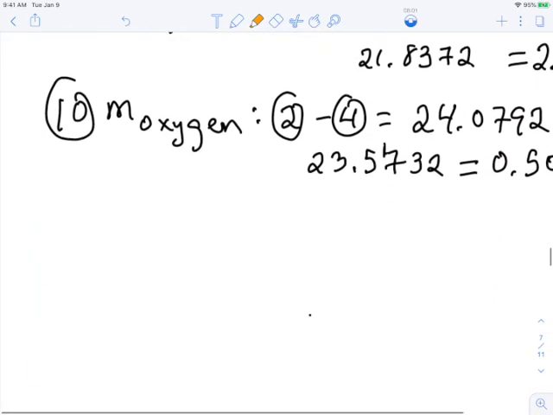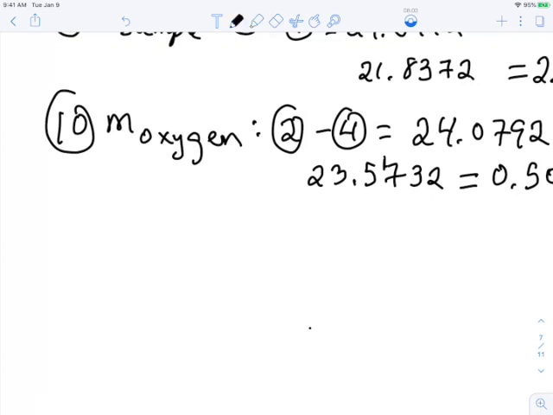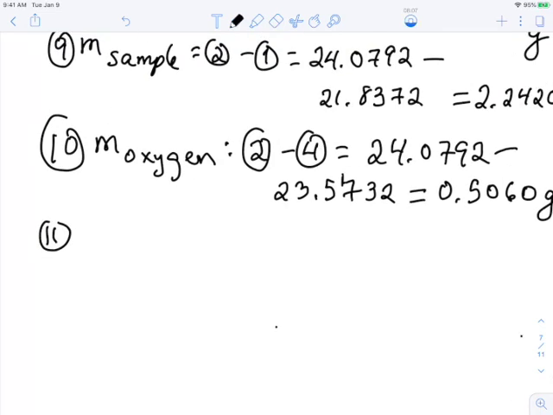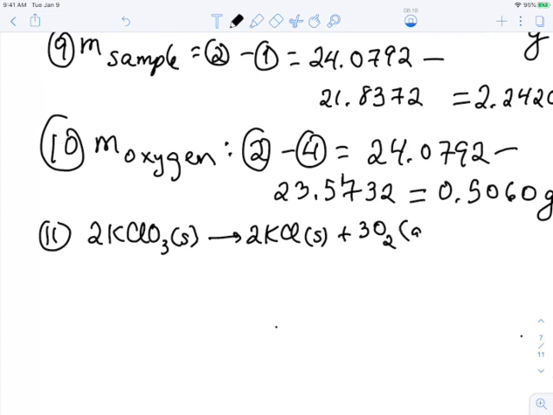To do that, let's remember what the equation was. So this is item number 11. Our equation was 2KClO3 reacting to form 2KCl plus 3 units of oxygen gas.